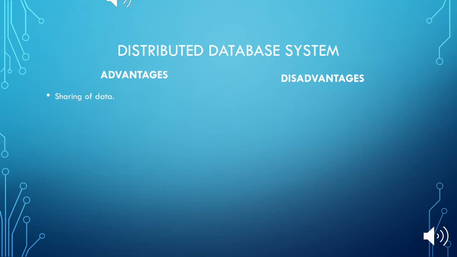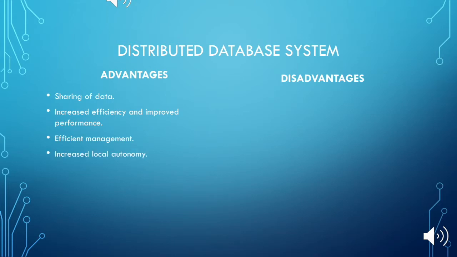Sharing of data, where users at one site may be able to access the data residing at other sites, at the same time retaining control over the data at their own site. Increased efficiency and improved performance for processing by keeping the data close to the point where it is most frequently used. Efficient management of distributed data with different levels of transparency.